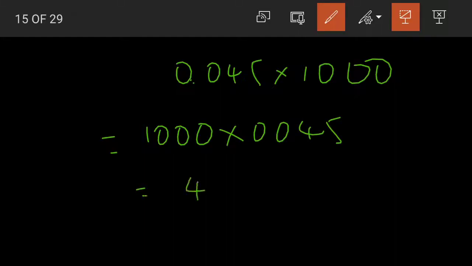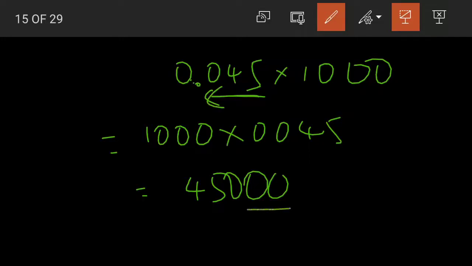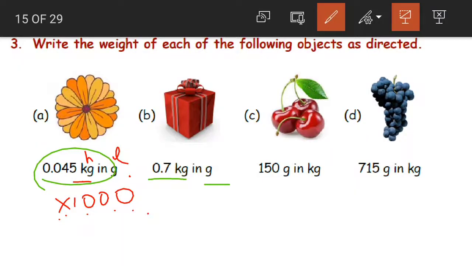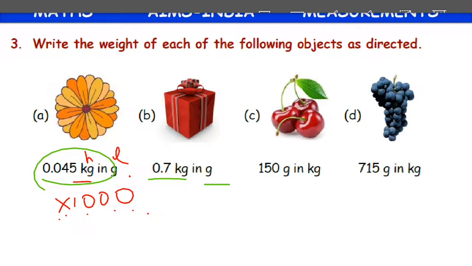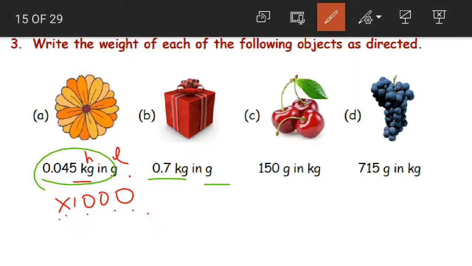So 45 into 1000 is equal to 45,000. Here we are having three decimal places. So after 3 digits from the right we'll place our decimal point. So our answer becomes 45. That is how you convert kilograms into grams. And we already know grams into kilograms: lower into higher measure, so we'll divide by 1000.